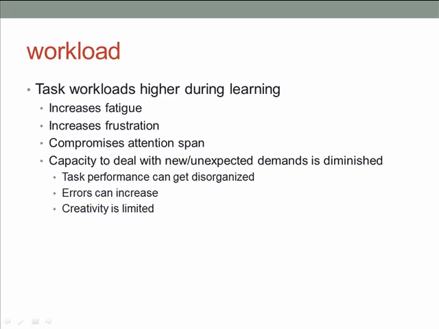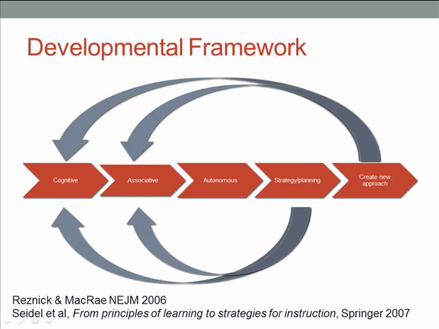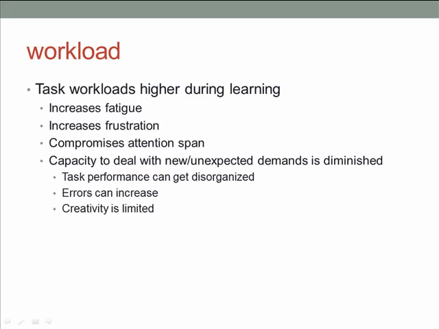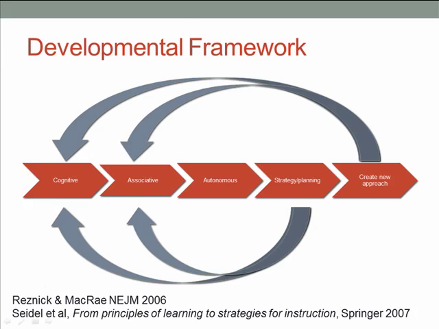I introduced a little bit the concept of workload, which really comes in when the brain power fires at that associative stage, at that second stage. You get more frustrated, you can't pay attention, your creativity is limited, you can't really look up and around, you can't guide your anesthesia team, you can't problem solve as well. And so your workload gets very high at this associative stage. This is a vulnerable time for the patient.